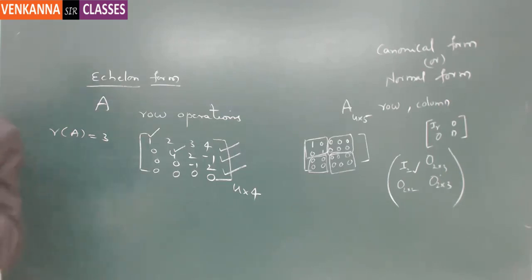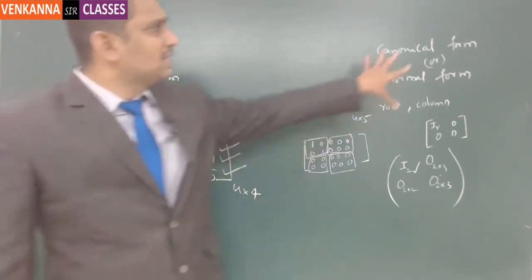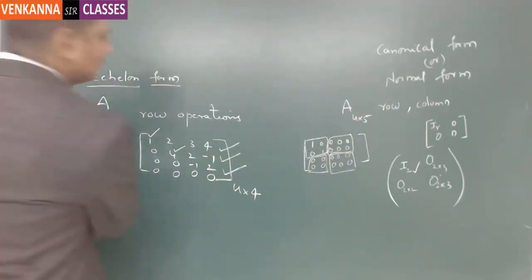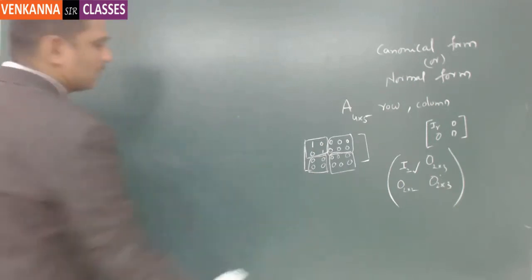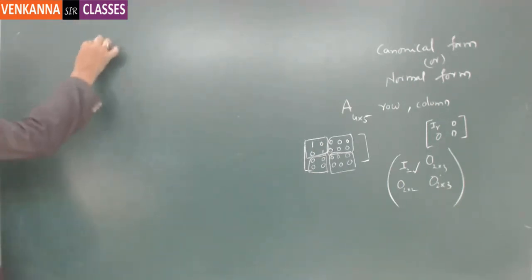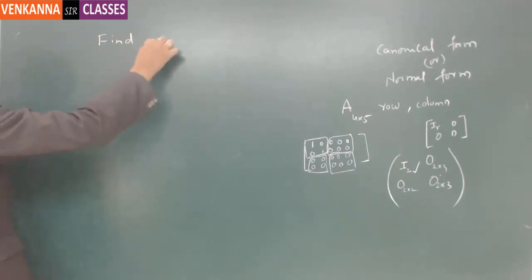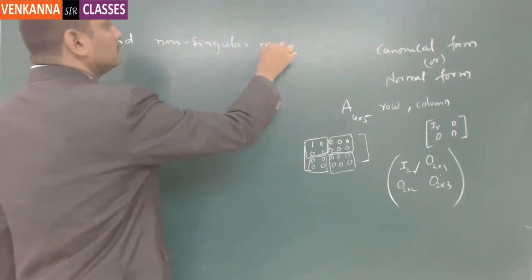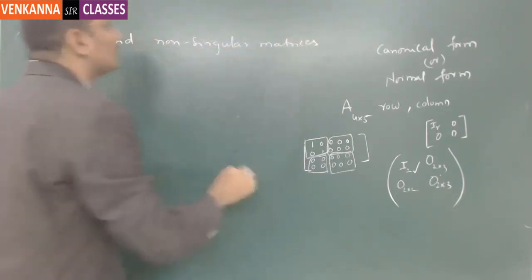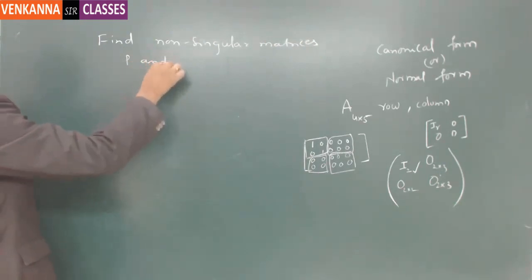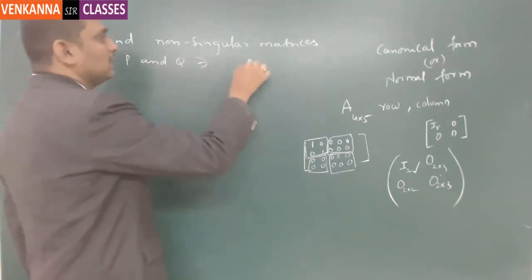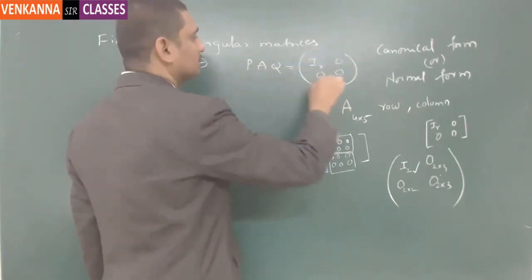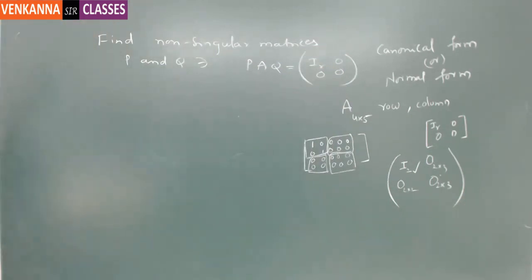And there is one interesting question framed on this canonical or normal form: find non-singular matrices P and Q such that PAQ is equal to IR 0 0.